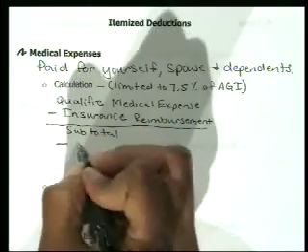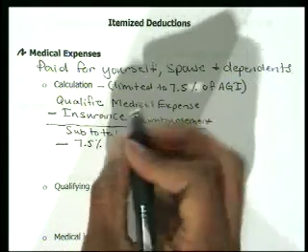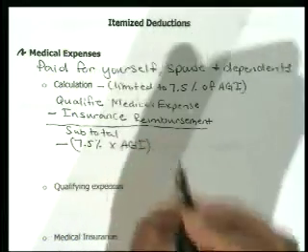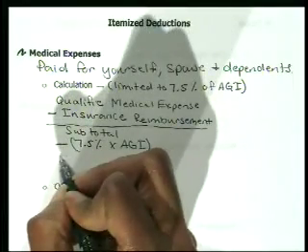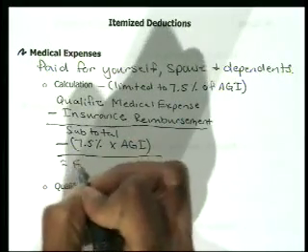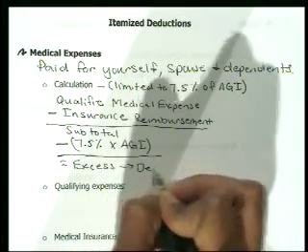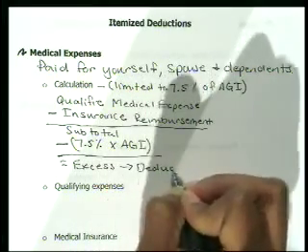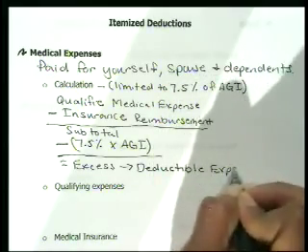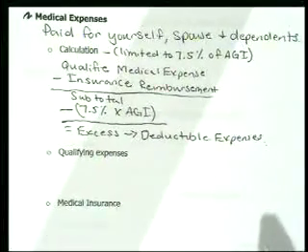And then we're going to subtract from that 7.5% of your AGI. So you take your adjusted gross income, multiply it times 7.5%, then subtract that from your subtotal, and any excess is going to equal your deductible medical expenses. Basically, that's your calculation.